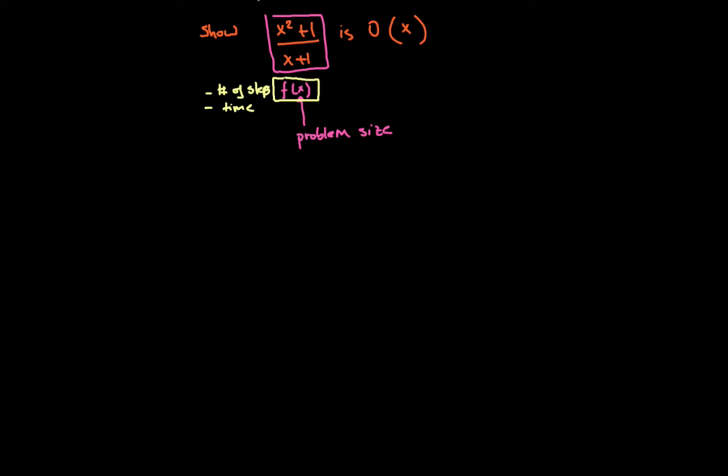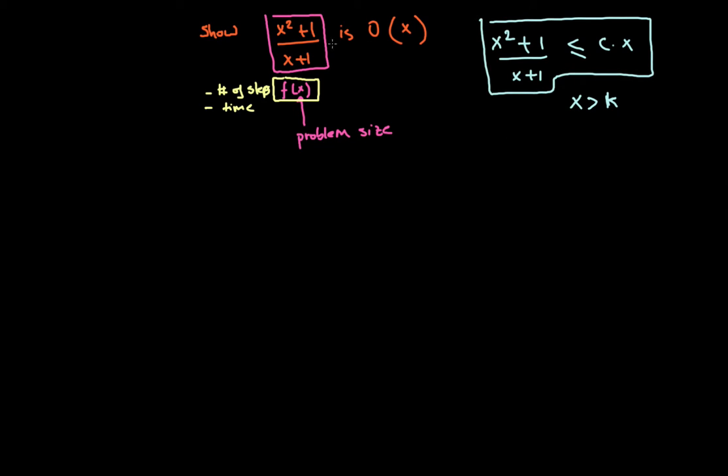First thing, to give you an intuition, what this question really means is that if this statement in orange is actually true, then there must exist some c and some k that is going to make this inequality true for all x greater than k, where c and k are positive constants.